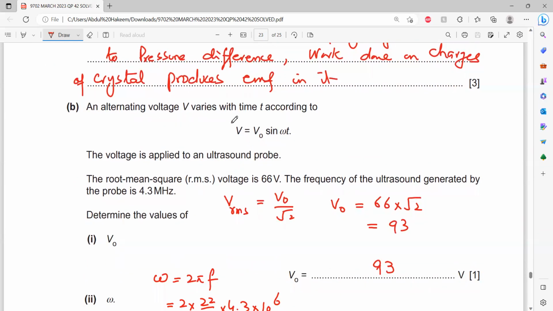Next, alternating voltage varies with time t according to V equals V naught sine omega t. The voltage applied to the ultrasound probe has an RMS value of 66 volt, and the frequency is given. Look, this is the peak value, and here we have to calculate the peak value. RMS is equal to peak voltage divided by root 2. So 66 multiplied by root 2 gives 93.